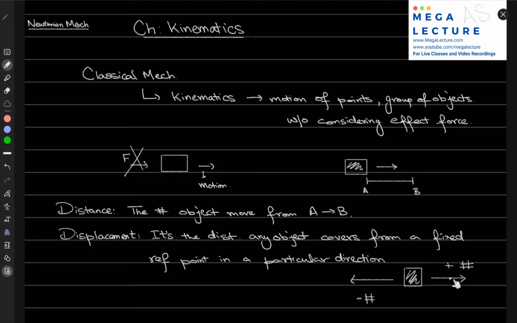Now this method of signs is completely dependent on you. I could have defined this as positive and this as negative, or the other way around. But once I pick a particular sign convention, I have to stick with it during my entire calculation.